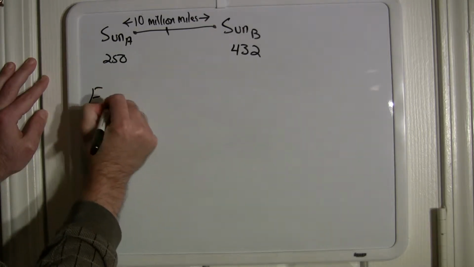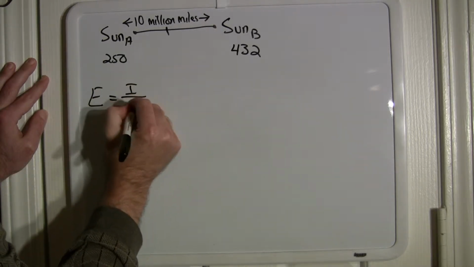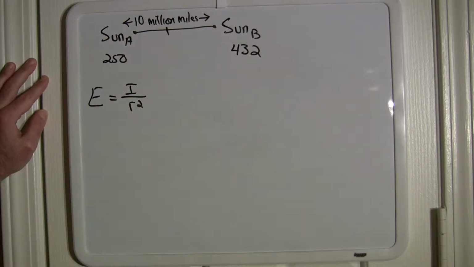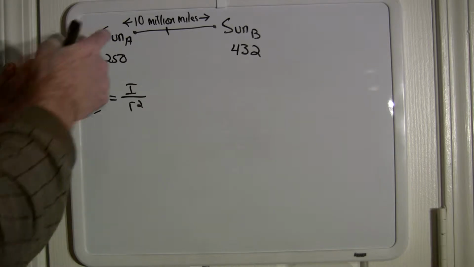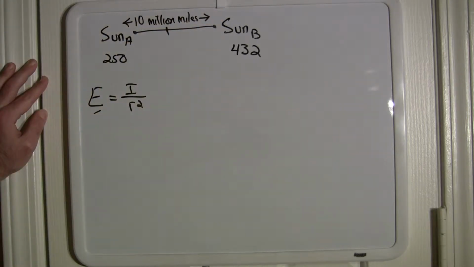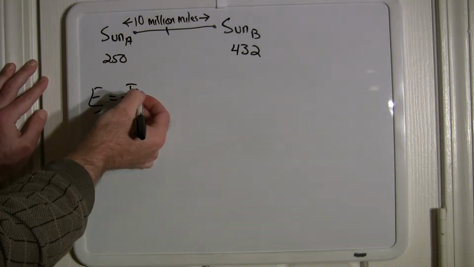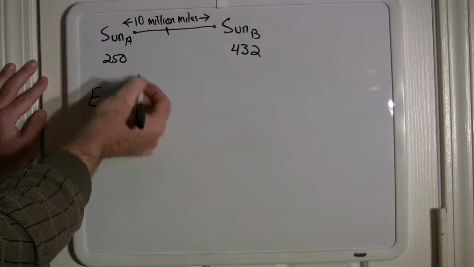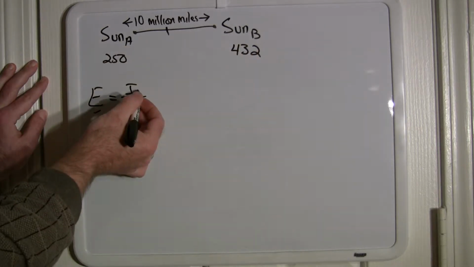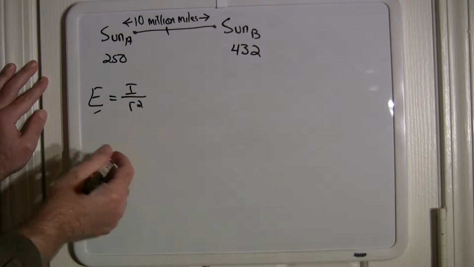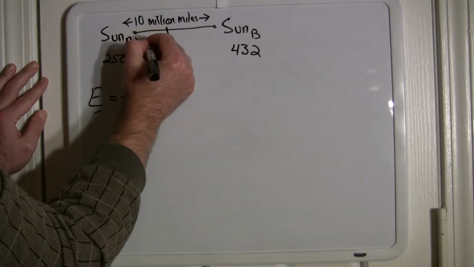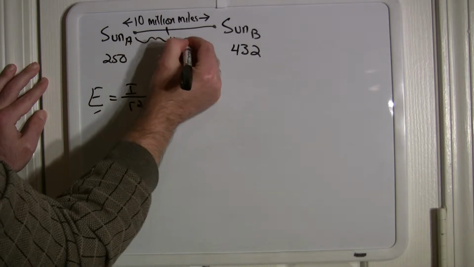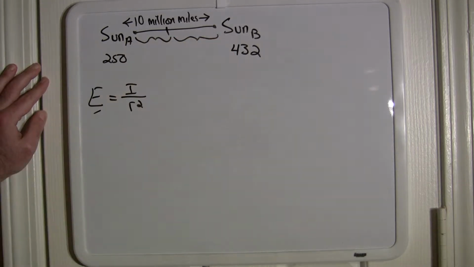Now let's take a look at the formula we are given. What we are trying to minimize is the total illuminance from both Sun A and Sun B, given the light intensity from Sun A and Sun B, which will be I, at unknown distances r. So what we're trying to find is these two distances right here.